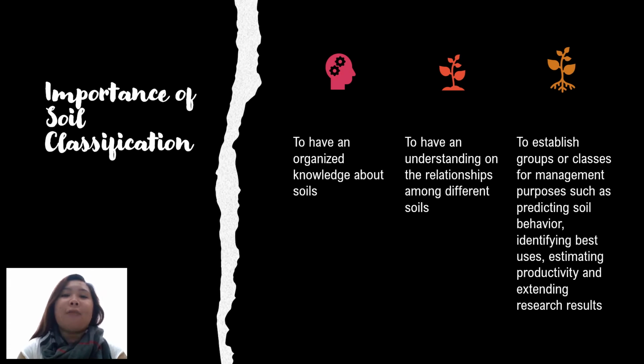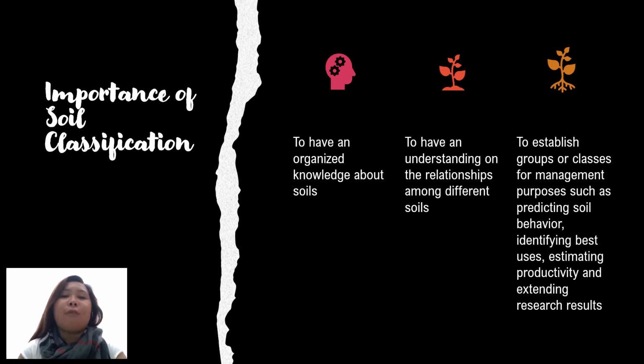Why is soil classification important? It's because of the following reasons. First, to have an organized knowledge about soils. If you have an organized knowledge of soils, the second reason is you will have an understanding of the relationships among the different soils.